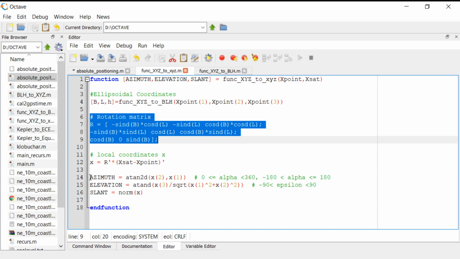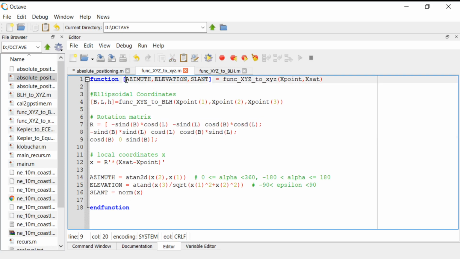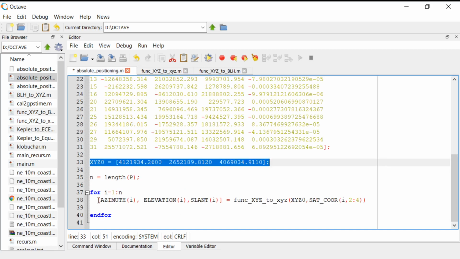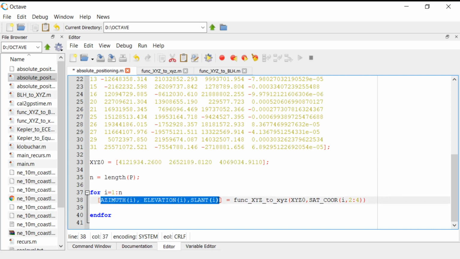Azimuth, elevation, and slant distances are computed, and these will be brought back to the function where I am requesting. As you see, azimuth, elevation, and slant, the values will be obtained from the function.